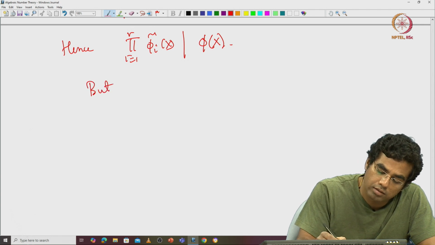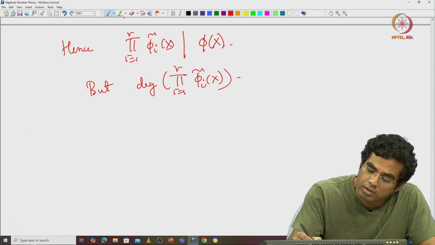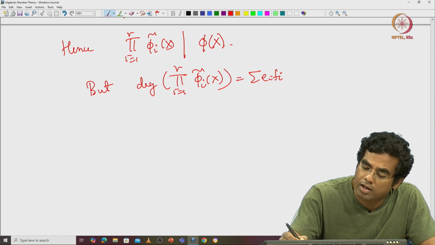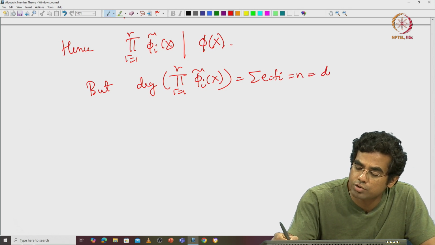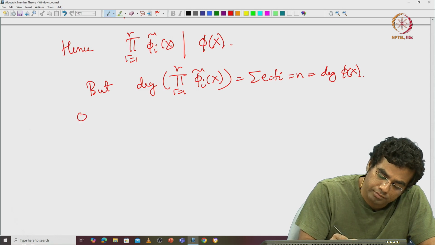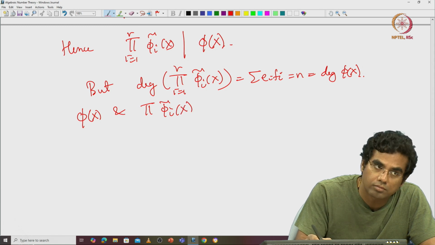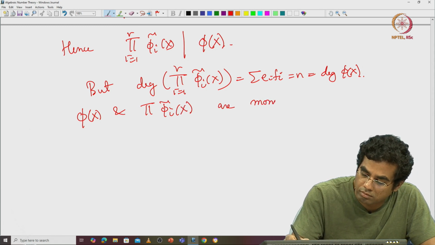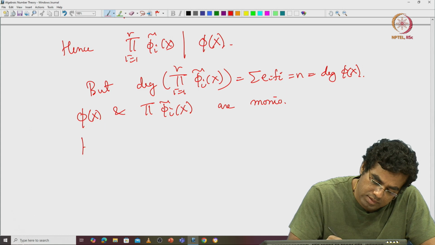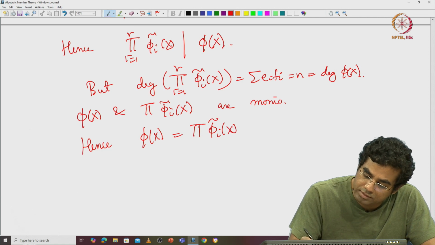But the degree of this product is equal to the summation of e_i f_i, which is n, which is also equal to the degree of phi of x, and they are all monic. Hence, phi of x is equal to the product of phi_i tilde of x.